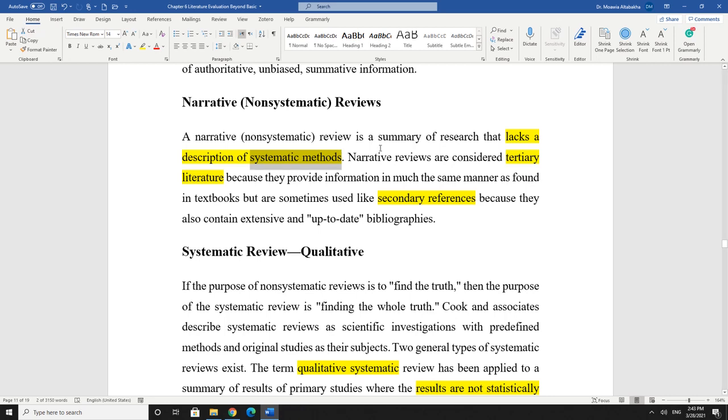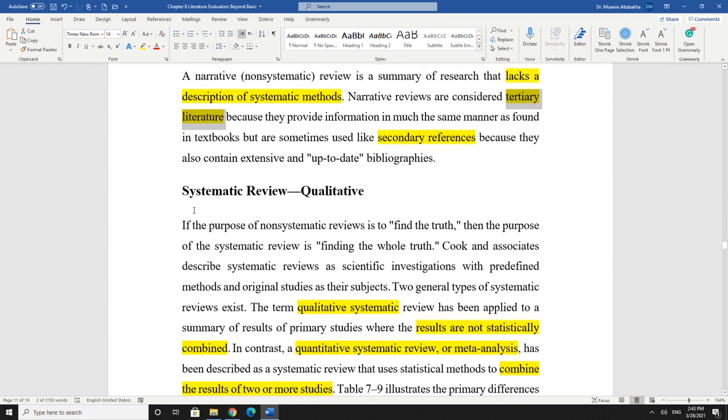That's why narrative reviews are more like textbook chapters, and in many cases they are considered tertiary literature. If you remember, I told you that if it is narrative or non-systematic, we consider it tertiary, even though sometimes it is considered secondary. The systematic reviews are considered secondary, while non-systematic or narrative reviews are considered tertiary resources.